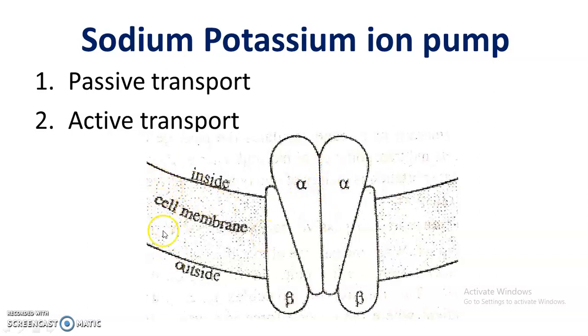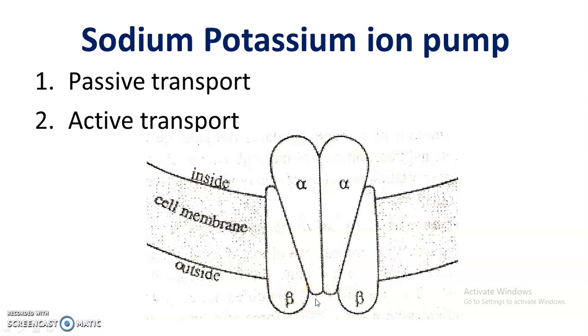This portion is the cell membrane. This is the region inside the cell and this is the region outside the cell. These are the larger alpha subunits, which are in contact with each other and protrude right through the membrane, and these are the beta subunits, which are not in contact with each other.